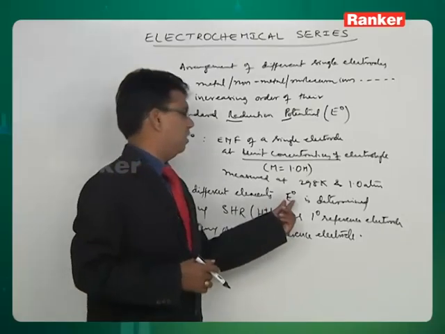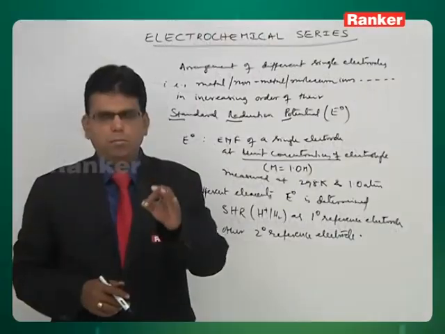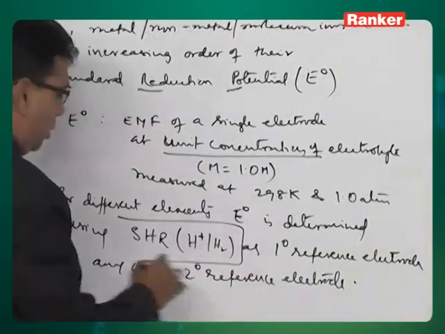But the standard E naught values are, of course, for all the elements determined by using the primary reference electrode, that is the standard hydrogen electrode.